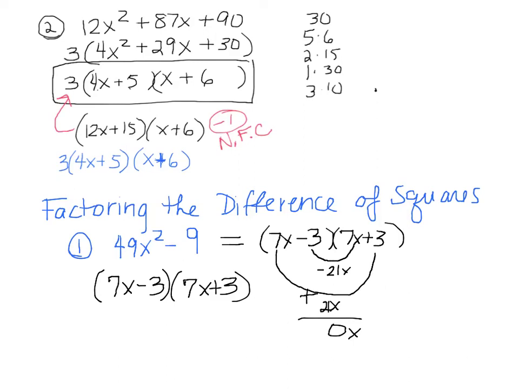Let's do one more. Let's try 81y squared minus 100. Well, I take a look. There's 81. It's a perfect square. Y squared is a perfect square, and 100. And notice it's a difference. This only works when the perfect squares are being subtracted.